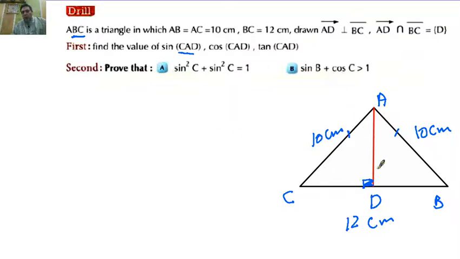We first find the length of AD. AD is the median or axis of symmetry. The axis of symmetry bisects the base of the isosceles triangle, then CD equals 6 centimeters and DB equals 6 centimeters.